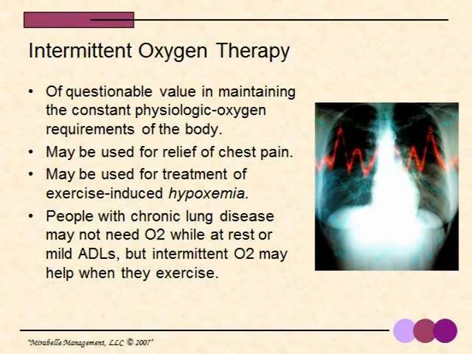People with chronic lung disease may maintain marginally satisfactory oxygen saturation while at rest or while performing mild activities of daily living. However, with exercise, they may not be able to maintain an adequate level of oxygen saturation. Administration of intermittent supplemental oxygen allows this person to exercise.